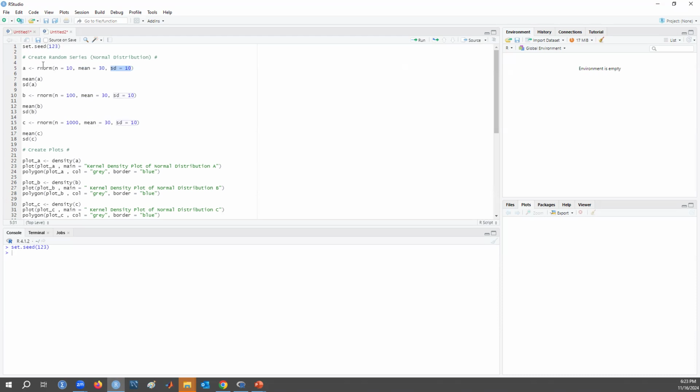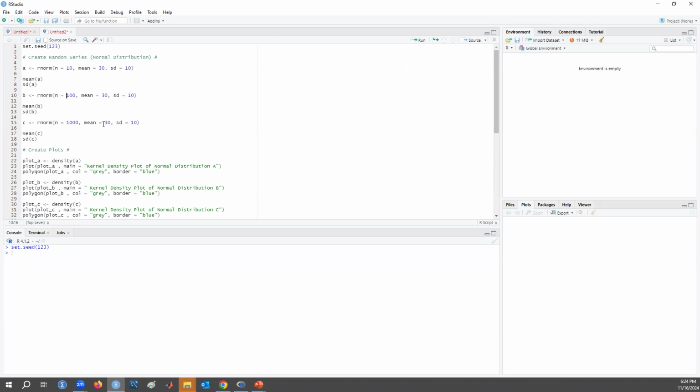And from that population, it's going to select at random 10 observations. So we have a normal population, mean of 30, standard deviation of 10, and we're going to select 10 observations from it. For vector B, we're going to have the same function, rnorm, but instead we're going to take 100 observations from the population, same mean, same standard deviation.